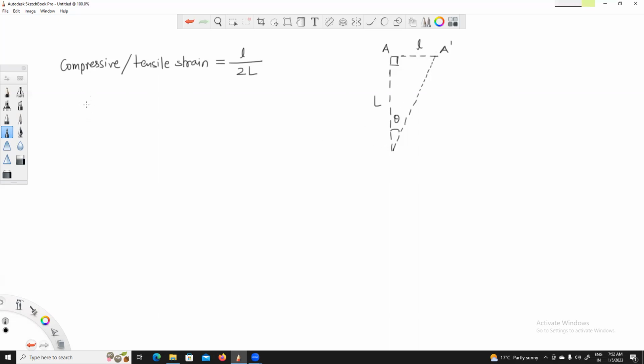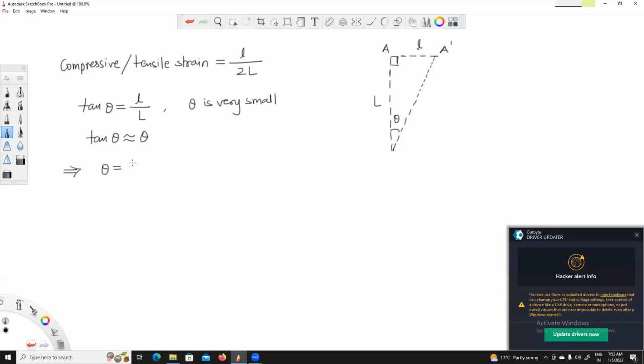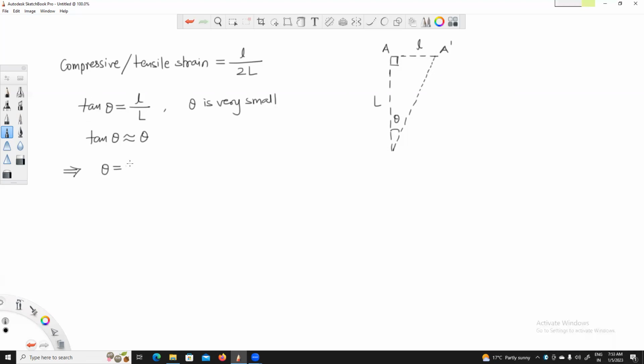So if I take tangent of theta, I get small l over L. And as I have assumed theta is very small, tan theta is approximately equal to theta. So theta would be l over capital L.